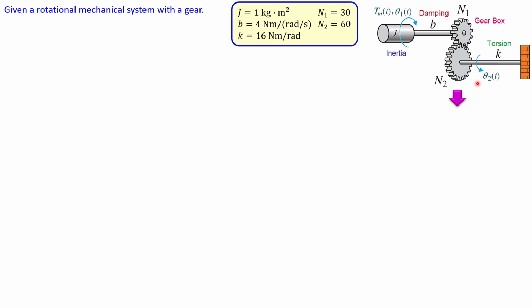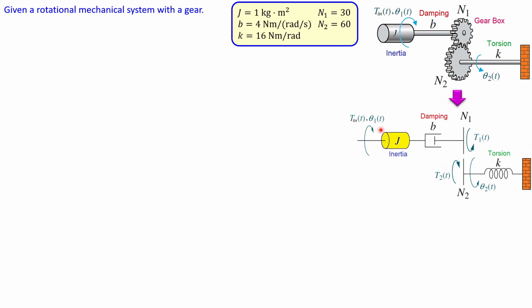Okay, now we need to, of course, discuss this using lumped elements. So we need for that the inertia, but also, of course, the damper and also the rotational spring. So for that, we can convert this diagram into a mechanical rotational system, which has the components we require. So we have now the inertia, we already had that. Now this rod, which is modeled by the damping, is now given by this.